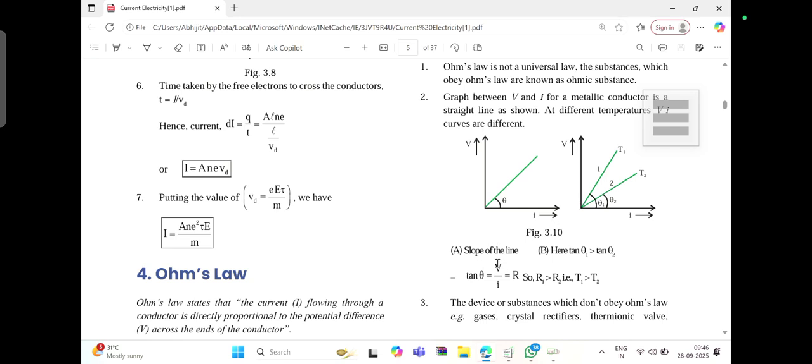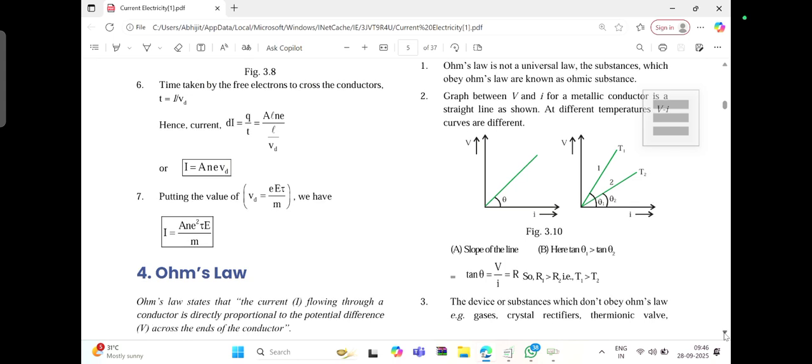So tan theta is equal to V by I is equal to R. R1 is greater than R2. Why R1 greater than R2? Because theta 1 is greater than theta 2. I have already told about it.